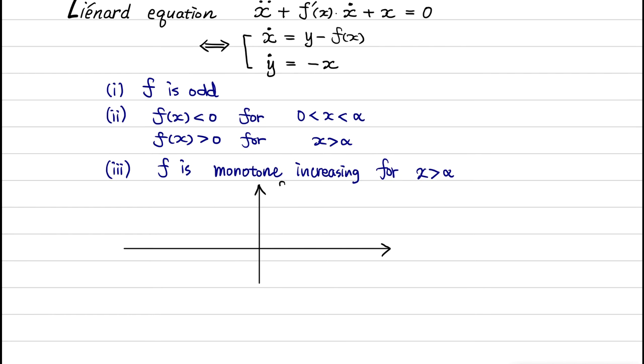So if you draw the graph of f of x, then it's the graph that we saw in the null line for the van der Pol equation. It's symmetric with respect to the y-axis. It's an odd function, and it intersects the x-axis at alpha and minus alpha.